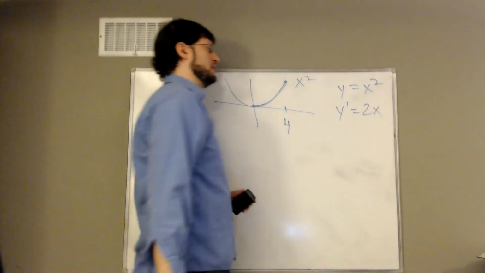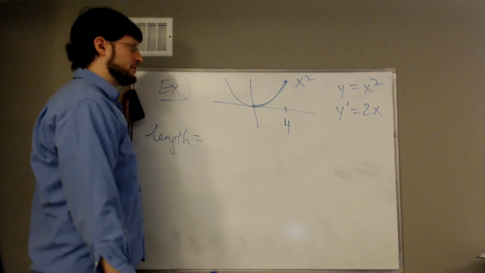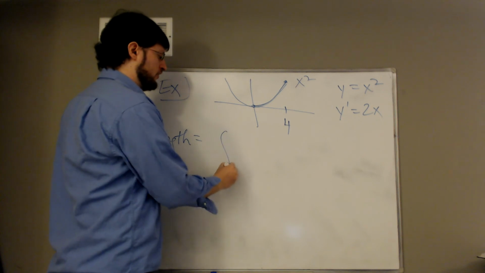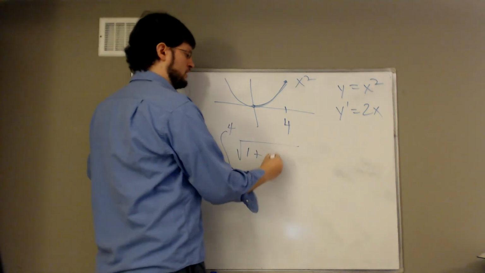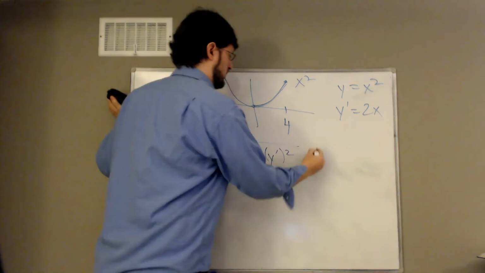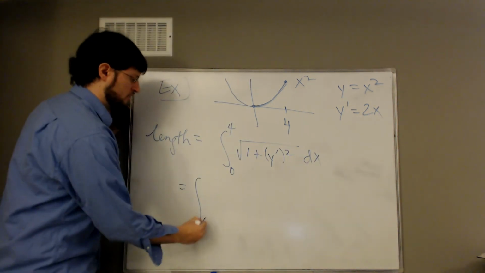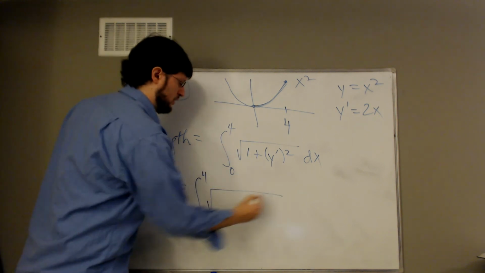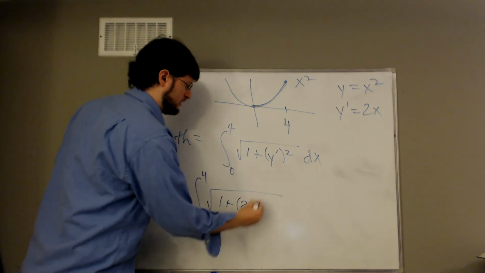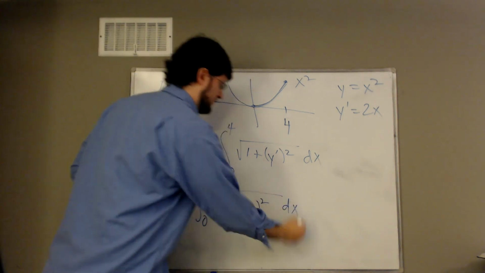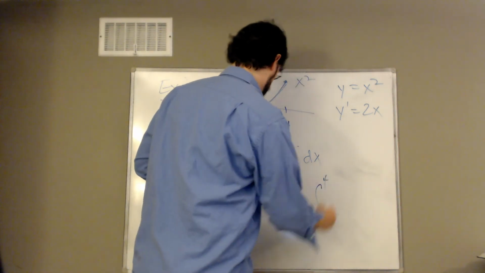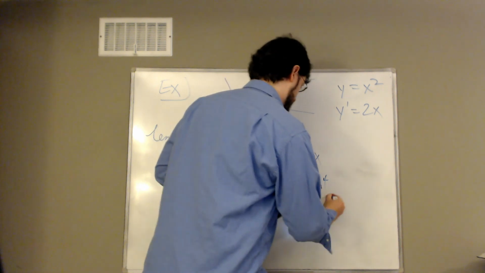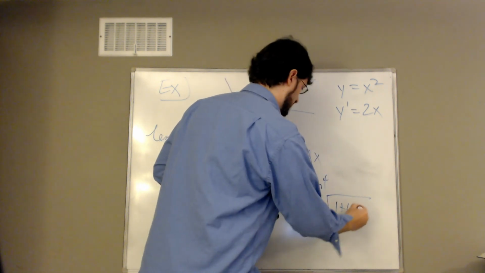That's pretty easy in this case. That's just 2x. So our length is the integral from 0 to 4 of the square root of 1 plus y prime squared dx, which is the integral from 0 to 4 of the square root of 1 plus 4x squared dx.